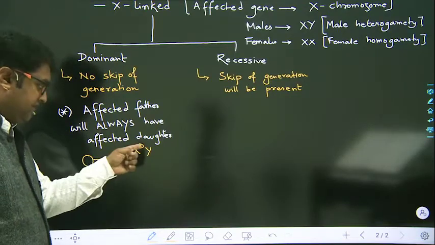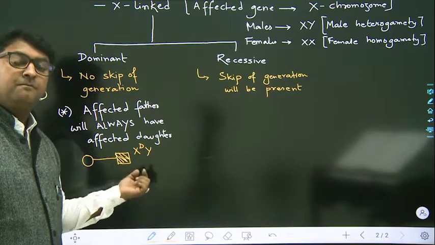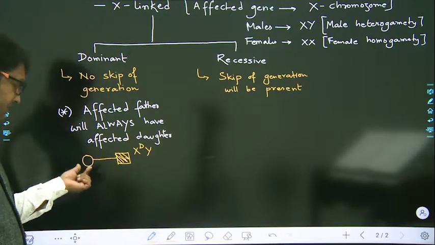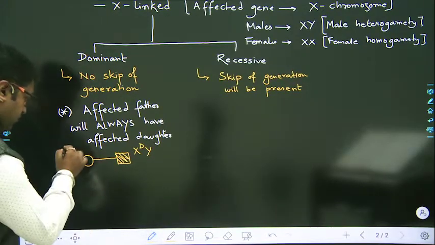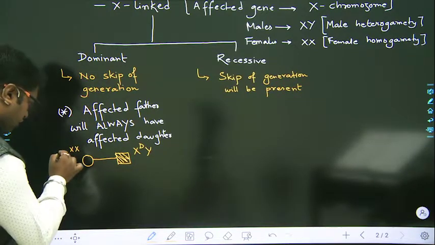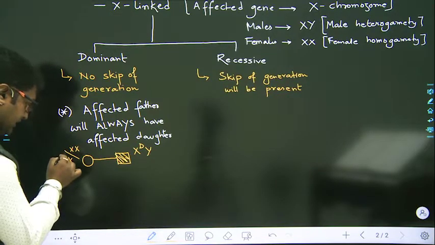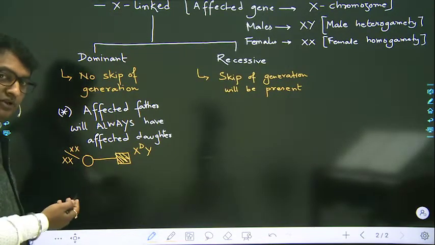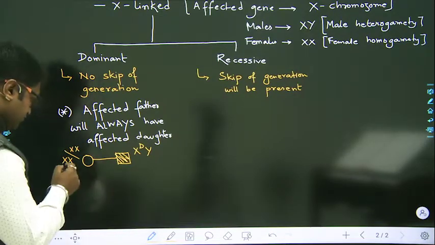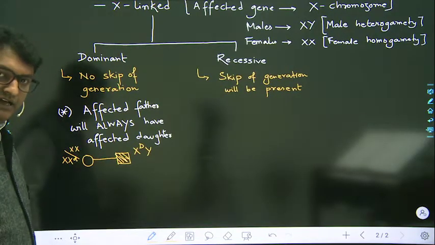If the defective gene is on the X chromosome, the father has to be affected. But the mother either can be normal, or a carrier. But here there will be no carrier, why? Because if a single copy is present, she can also be affected. So she can have a recessive gene, this combination is possible.